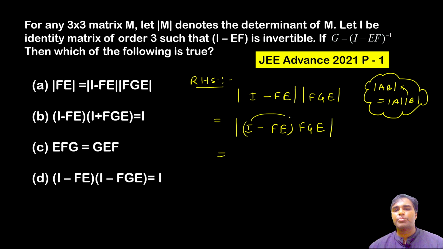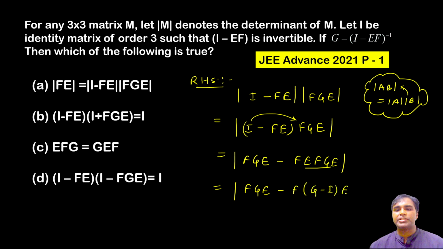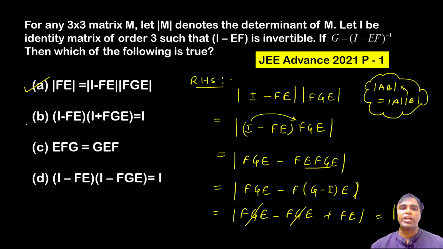Now let's multiply. I multiplied with this, so FGE minus FEFGE. Now what is my EFG value? My EFG value will be G minus I, and it is E. So let's see whether it is coming or not. FGE minus FGE, minus minus plus, multiplied with I, same matrix, so FE. So this will get cancelled and we'll be left with the determinant of FE. So option A is also correct, option B is also correct, option C is also correct.